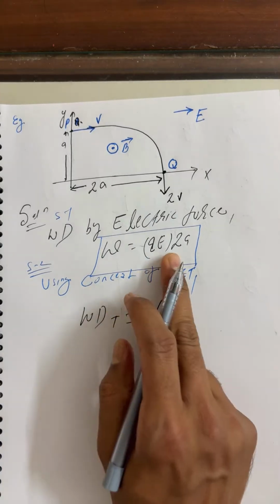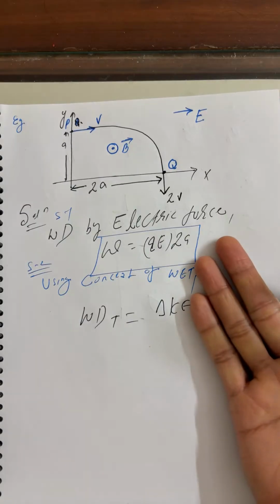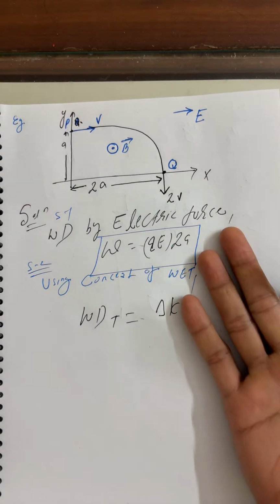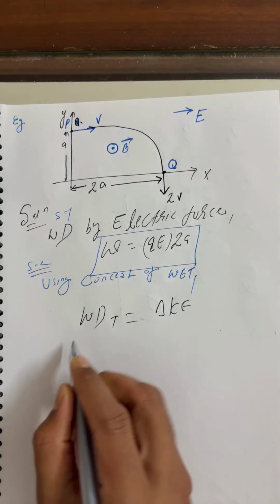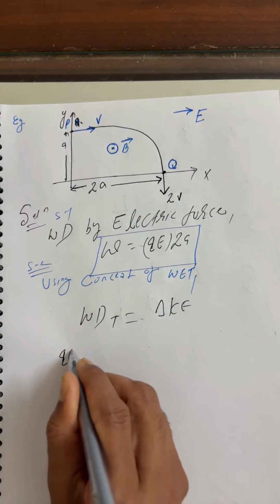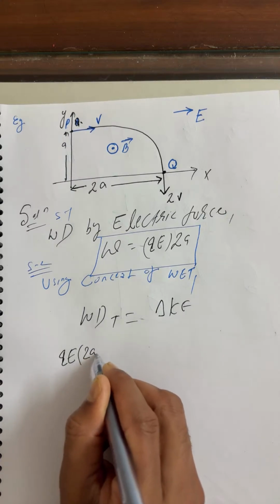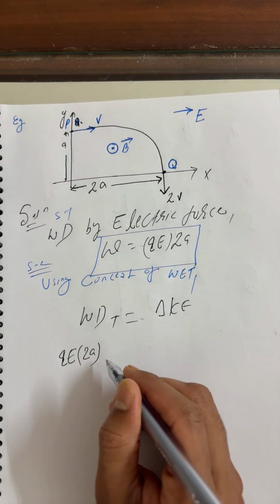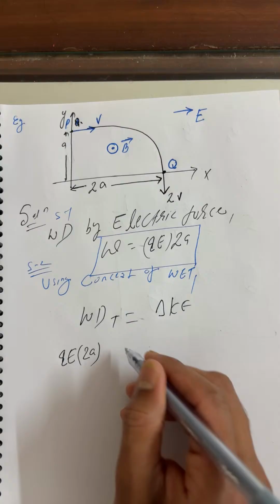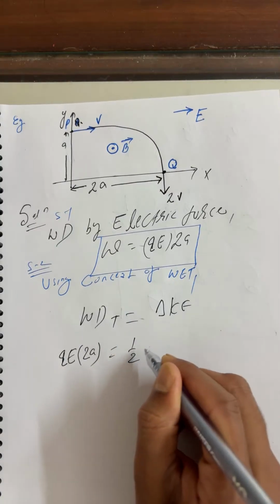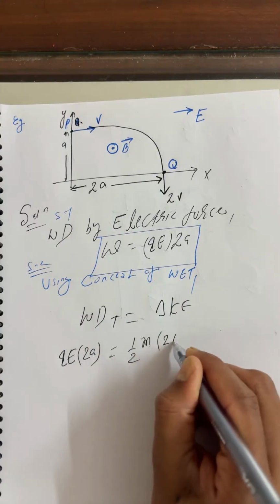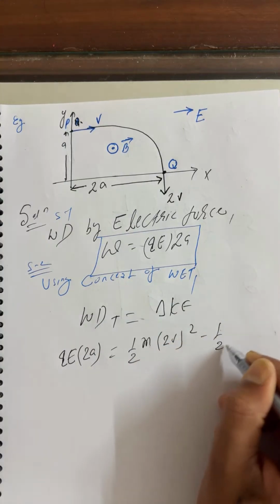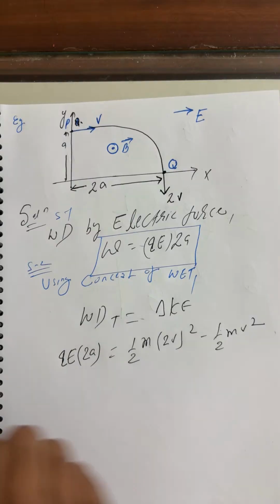Total work is only due to the electrostatic force, because the work done by the magnetic force is always 0. So qE into 2A is equal to half m (2V) whole squared minus half m V squared.